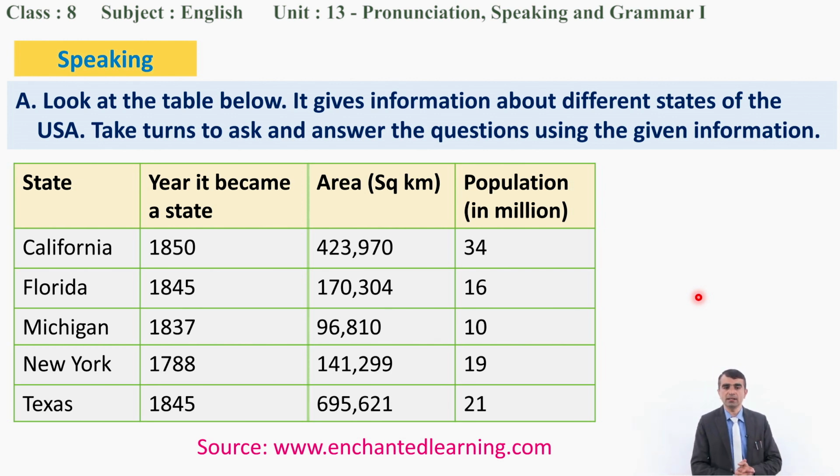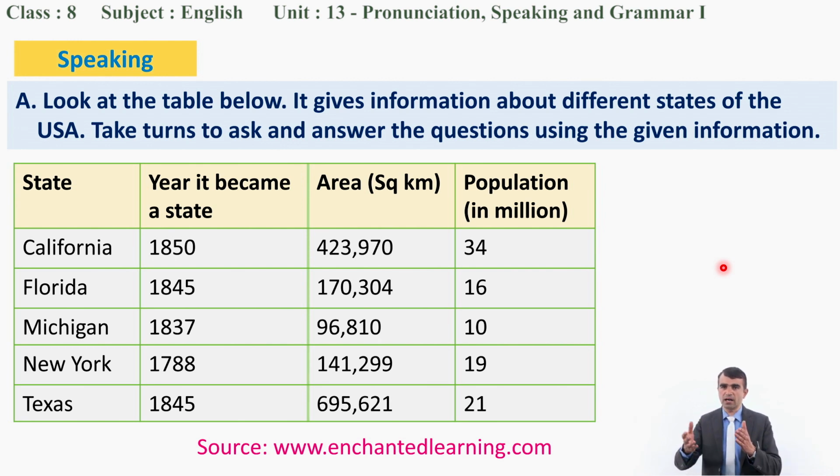Now look at the table below, it gives information about different states of the USA. Take turns to ask and answer the question using the given information. There is some data presented here, and you should ask questions and answer them.